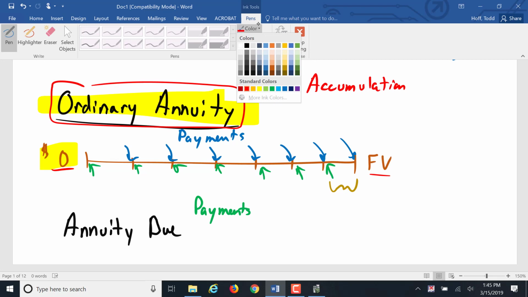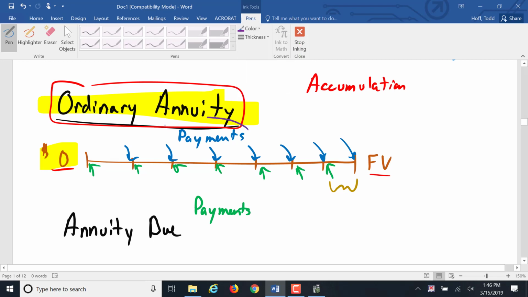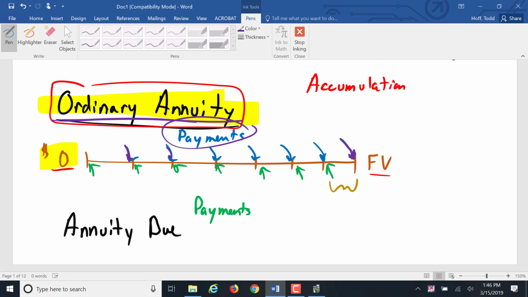What makes the annuity different from regular compound interest is those payments get made in every period. In an ordinary annuity, those payments get made at the end of each period, so the last payment is made at the very end of the investment. You make that payment and you're done, you've reached that future value. There's no interest actually earned on that last payment because that's the end of it.